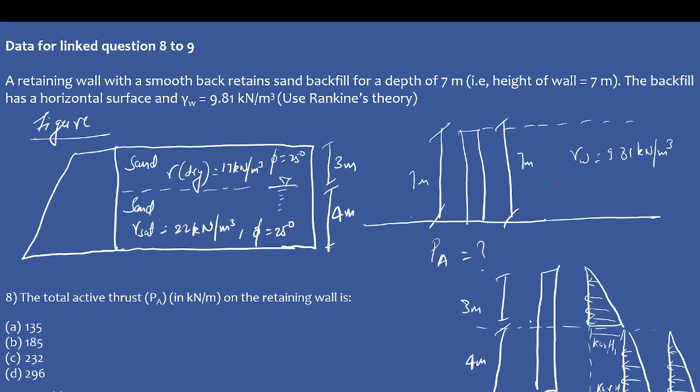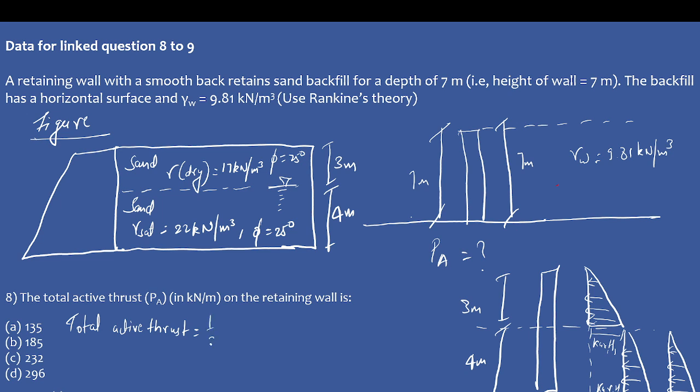So now we need to calculate the area of this stress diagram to evaluate how much is the total active thrust acting on the retaining wall. So the total active thrust is something like this.